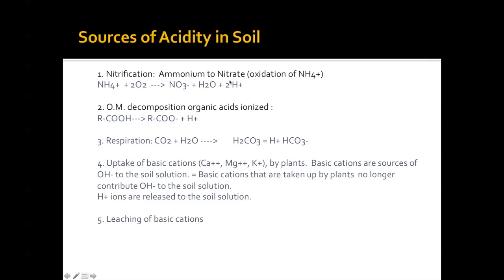They hit the ground and they are immediately set upon by microbes, nitrifying microbes, bacteria, that then combine the nitrogen with oxygen to form nitrates, water, and then here we've got 2 hydrogen ions.